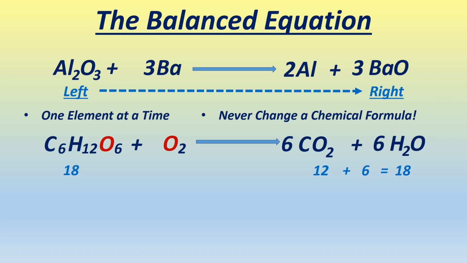So on the right side, I have 18 oxygens, which means on the left side, I also need 18. C6H12O6 provides 6. So the question is, how many oxygens are going to be needed to provide 12? And the answer is 6 moles of oxygen.